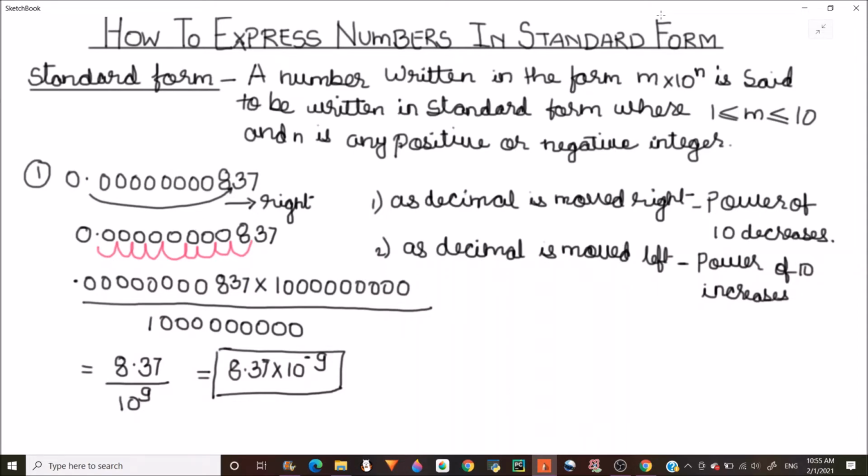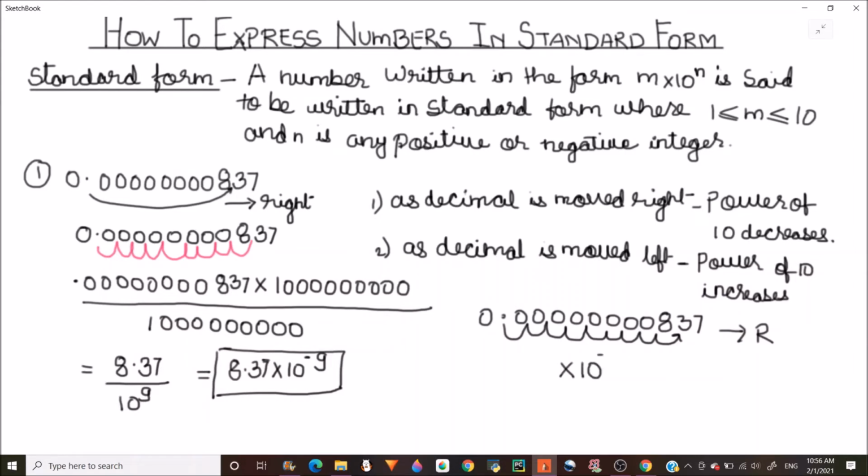In our shortcut method, we will count the decimal places moving right or left. So here in our example, we count the decimal places 1, 2, 3, 4, 5, 6, 7, 8, 9. As we are moving 9 decimal places to the right, the power of 10 will decrease.